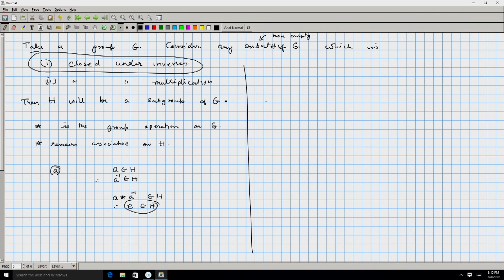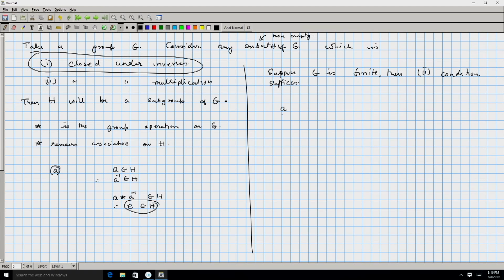Suppose G is finite, then the second condition suffices. Okay, why is that so?